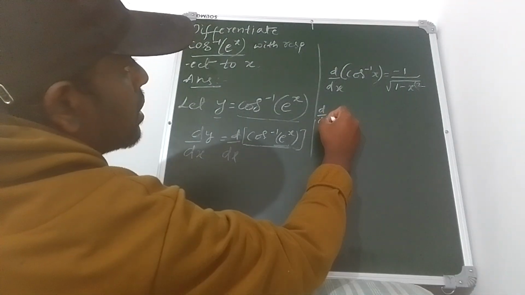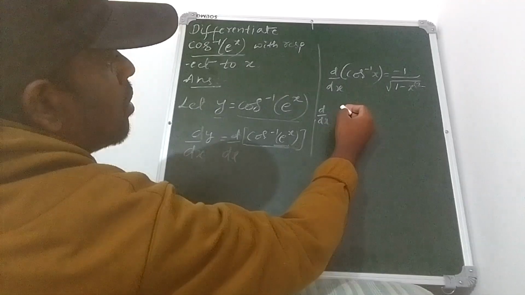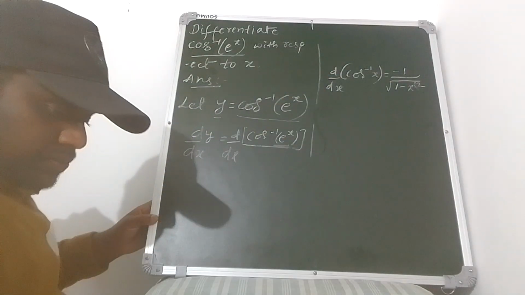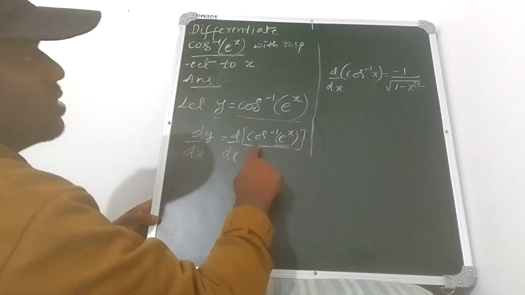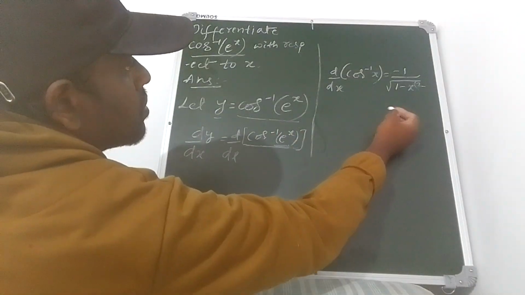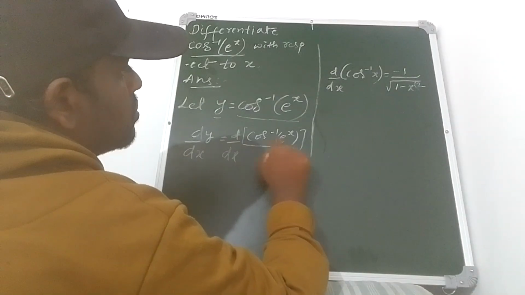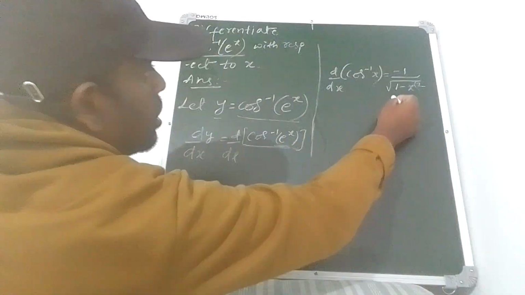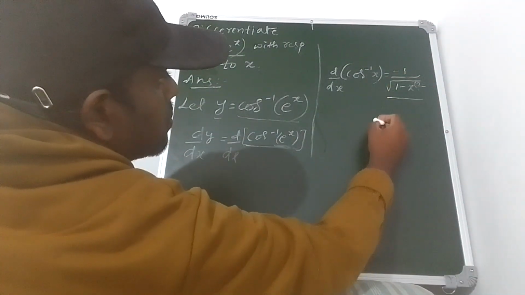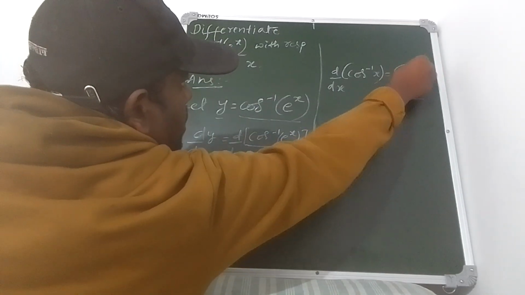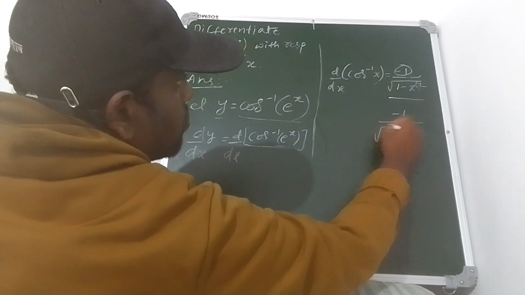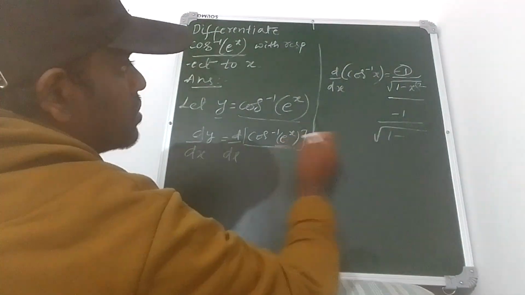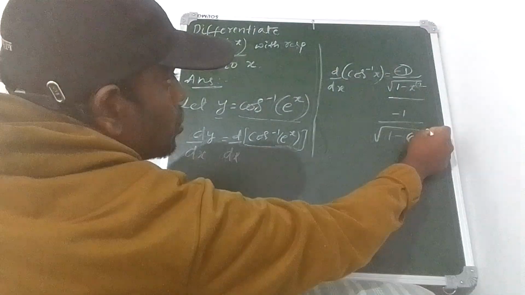So d by dx of this whole thing, cos inverse of e to the power x, will be in this form. First I will write the same: minus 1 is a constant, write as it is, over square root of 1 minus, and in place of x we have e to the power of x, so e to the power of x whole square.